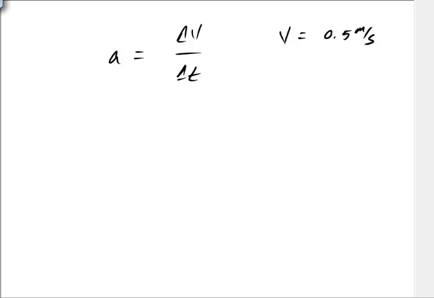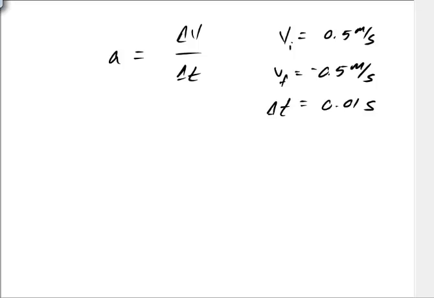Now imagine that the ball bounces off the plate, reversing its velocity to negative 0.5 meters per second in a very short time interval, say 0.01 seconds. What is its acceleration while in contact with the steel plate? Remember to take into account that the direction of the velocity is opposite at the beginning and end, so this negative sign counts.